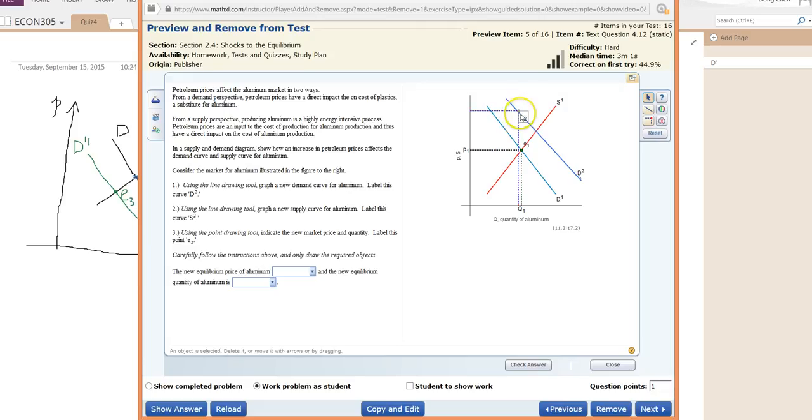Let me delete this supply curve and this equilibrium point and draw another one. In this case, the supply doesn't move that much compared with demand. It decreases, but not that much. Suppose the new supply curve is right here.